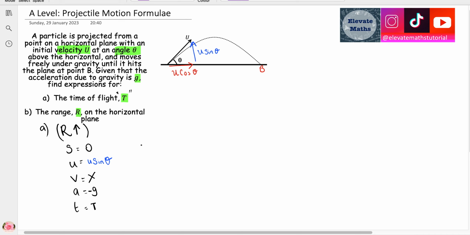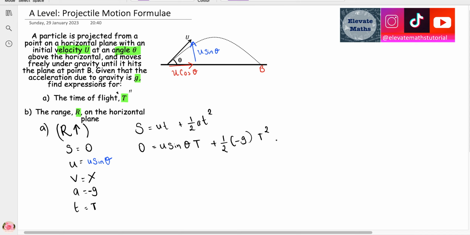So using what we have, the formula you're going to use is s equals ut plus half at squared. Okay, let's sub everything in. So 0 equals, initial velocity is u sin theta, t, plus half, and a is minus g, so minus g t squared.